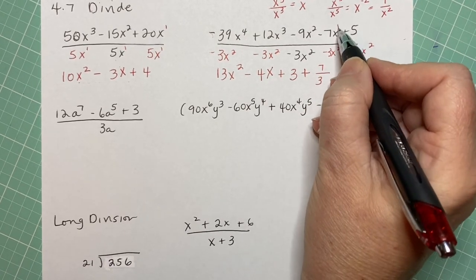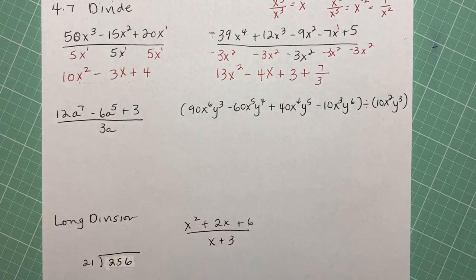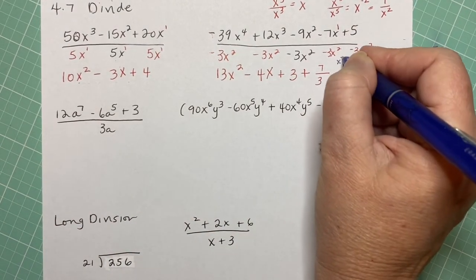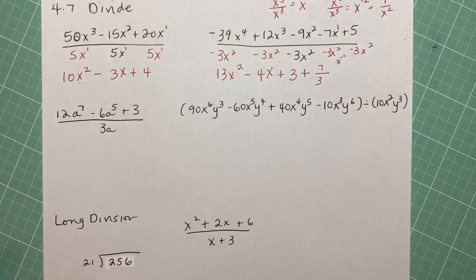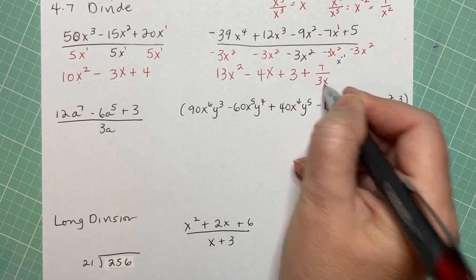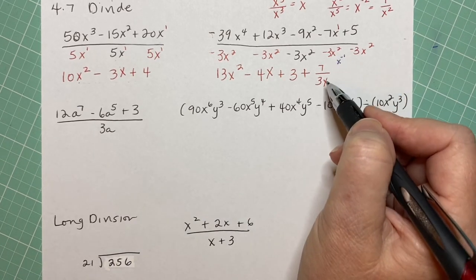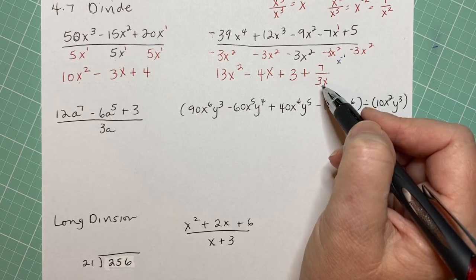But then with our exponents, we have 1 minus 2 is an x to the negative 1. But remember, you can't have a negative exponent, so that means that x is going to move to the bottom. So when you have a negative exponent, it moves to the bottom and becomes positive.